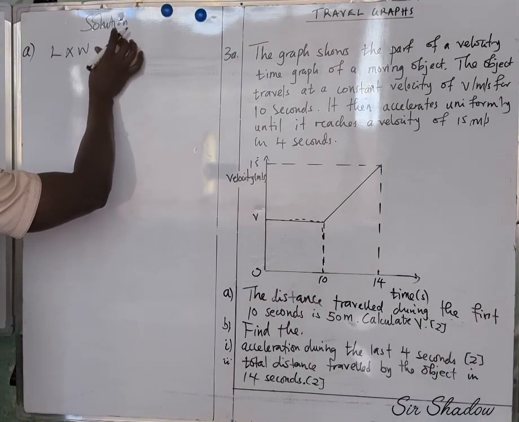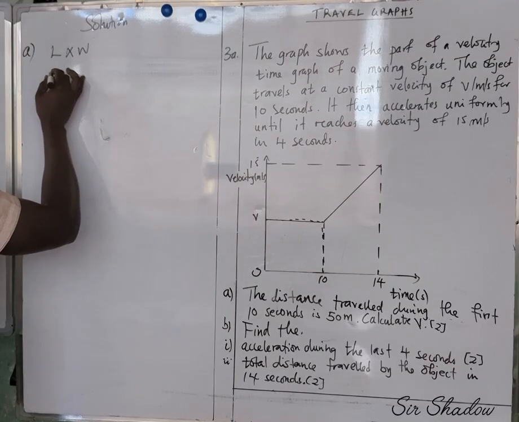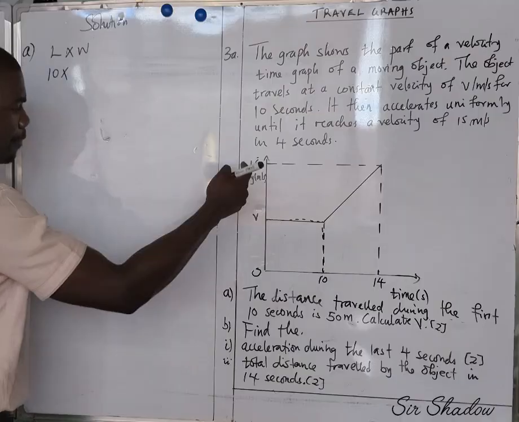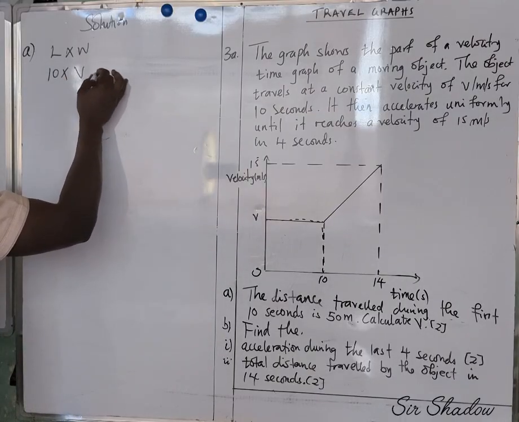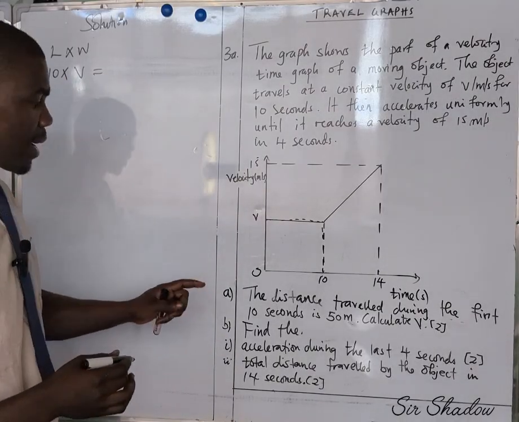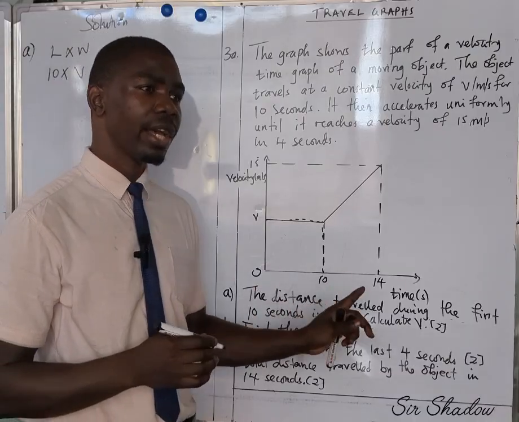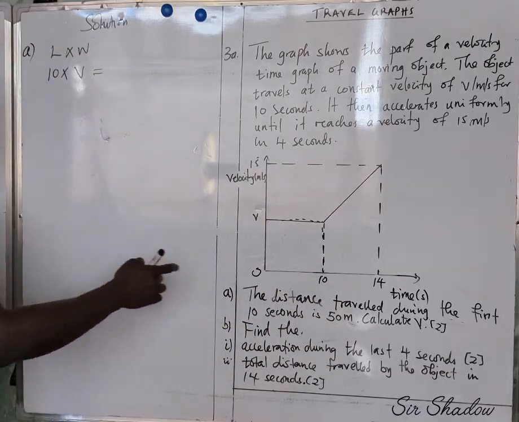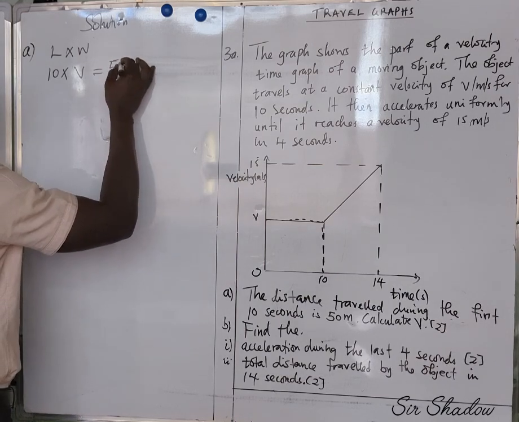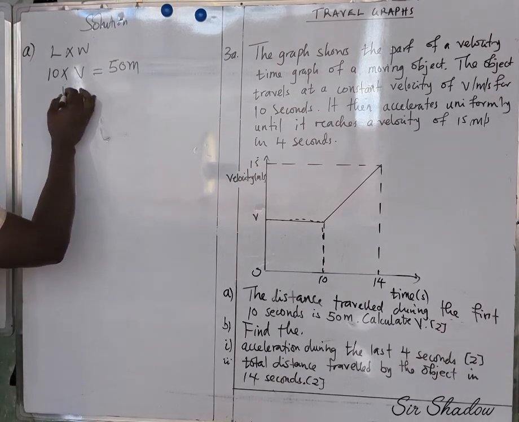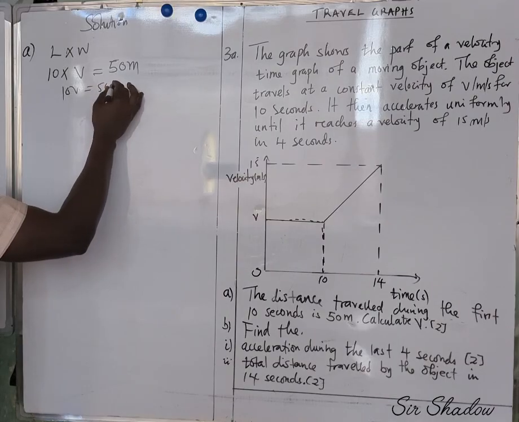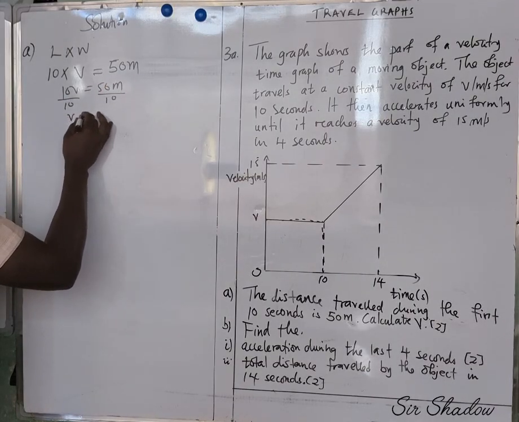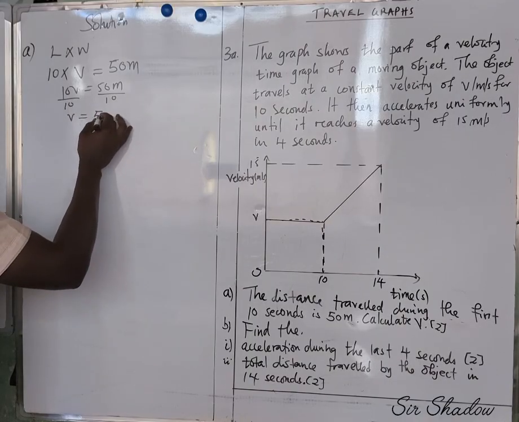So 10 times the width, which is V and unknown, should be equal to, remember I said before, distance covered is equal to area under the graph. So 10 times V is equal to 50 meters. To find V, divide 10V equals 50 by 10. V is equal to 5.